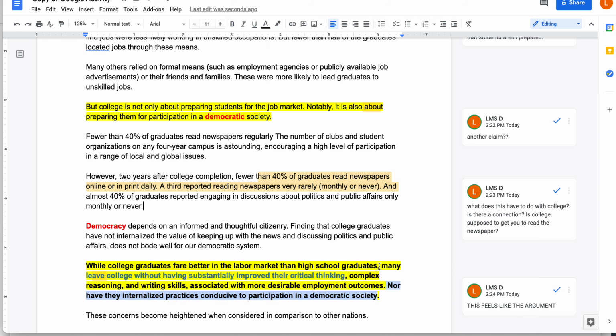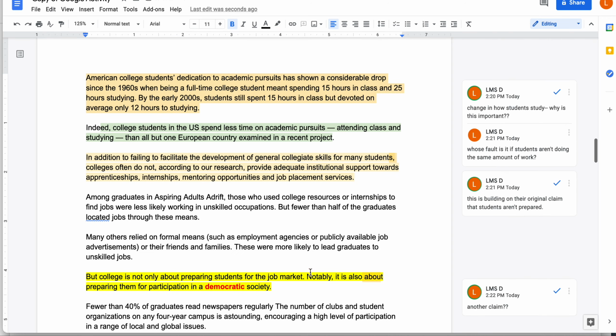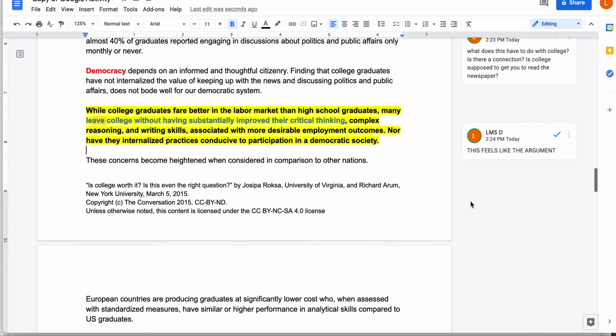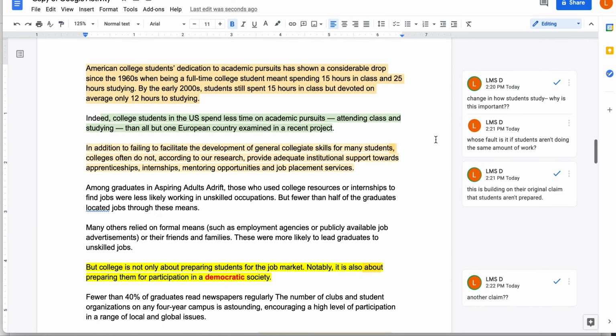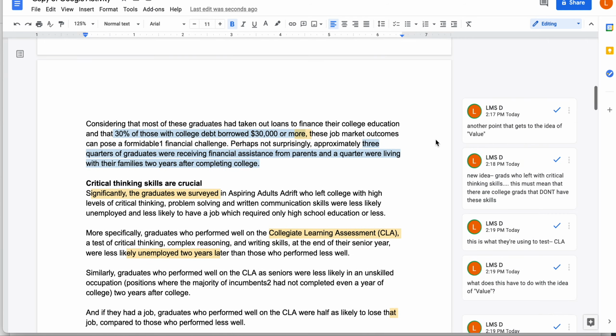So now when I think about my supporting details, it makes a lot more sense because it talks about these various parts of the main argument throughout here. So some of these other ones where I had questions about is this building on the original claim? If I think of this here as the main claim, then some of these other notes make a lot more sense.